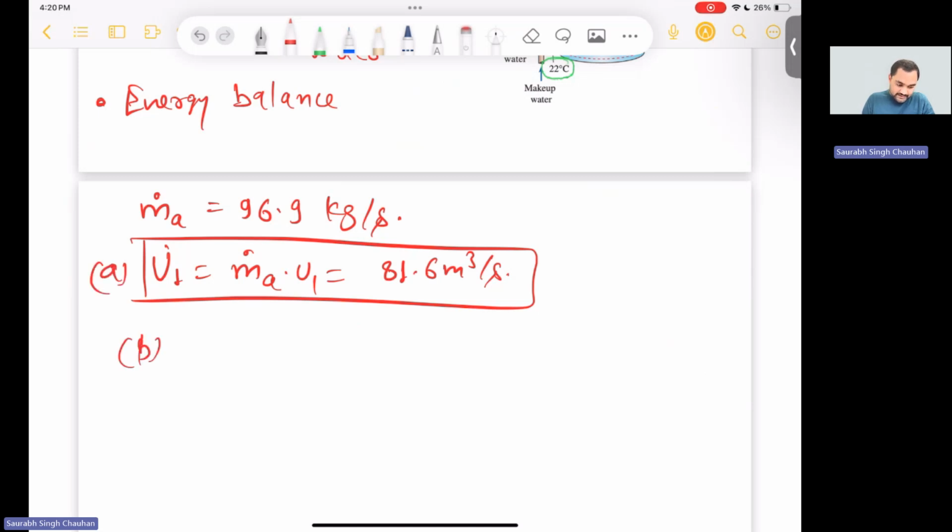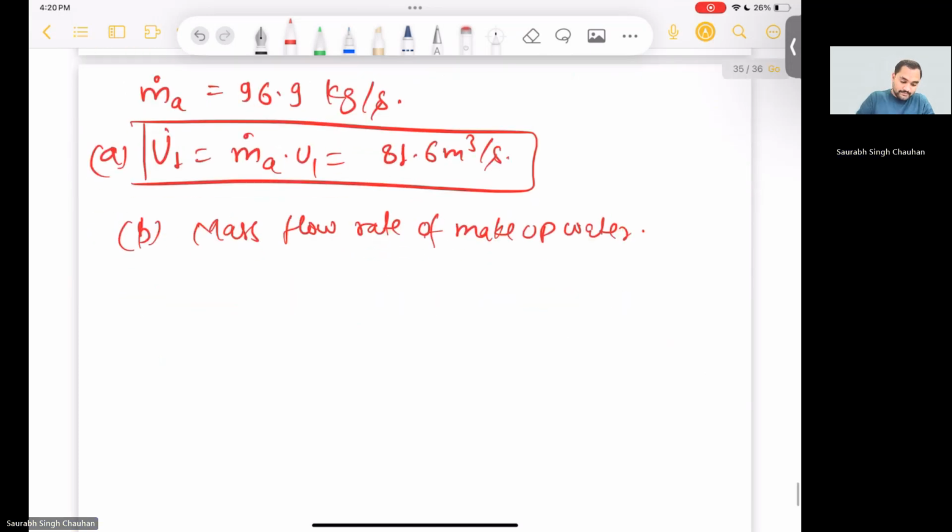In part B, we have to find the mass flow rate of makeup water. So how to find the mass flow rate of makeup water? As we discussed, makeup water has to be added to compensate for the evaporated water. How much water is evaporated, you can find from the difference of humidity at the air inlet and the humidity of air at the outlet.